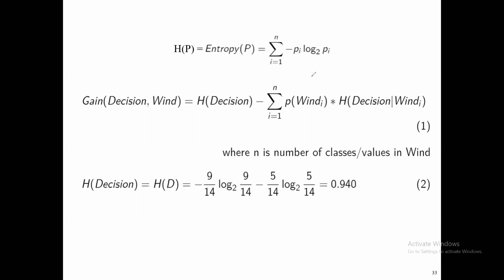So Pi for yes will be 9 by 14 and Pi for no will be 5 by 14. So we plug in the values and get the entropy of decision.